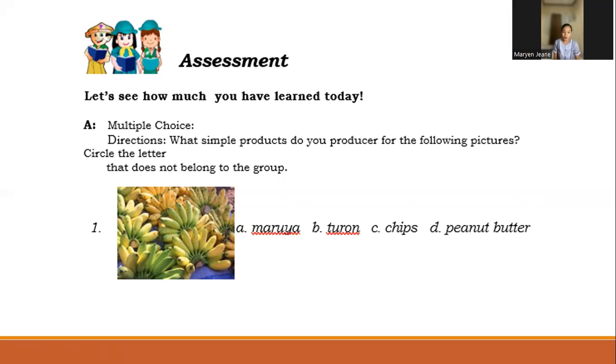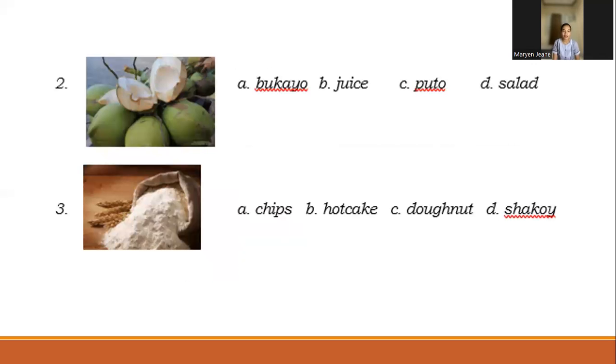For number 1, you have there a picture of a banana. A, maruya. B, turon. C, chips. D, peanut butter. For number 2, we have there a picture of a coconut. Which does not belong to the group?